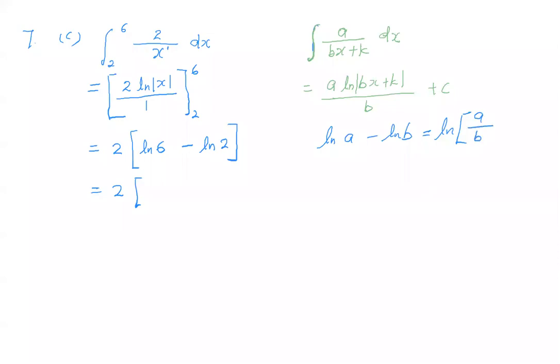This is the concept that you better remember. So I can simplify this as 6 divided by 2, so this one will be 2 ln 3. And if they want you to put it in ln form only, then it will be 3 squared, then it will be ln 9. Are you clear? Yes. Okay. So these are all the things that we have learned so far this week.